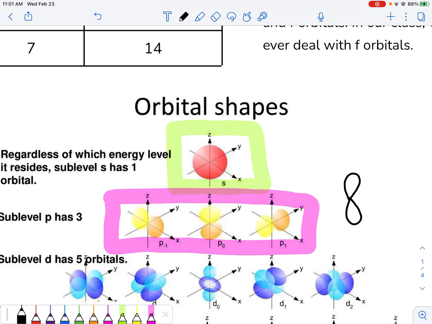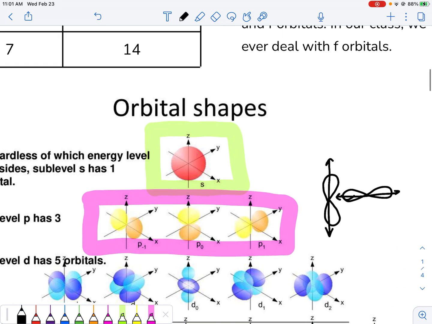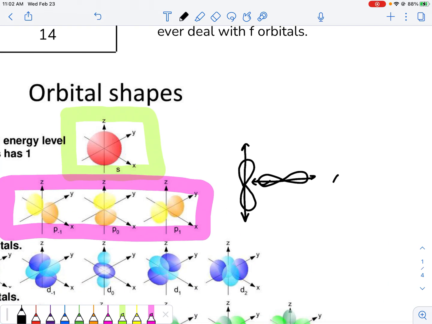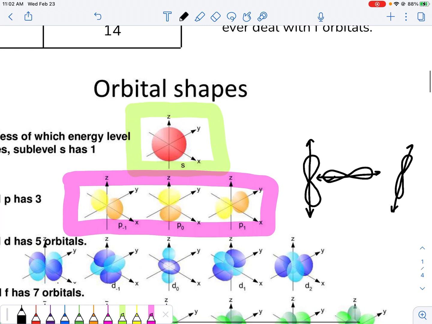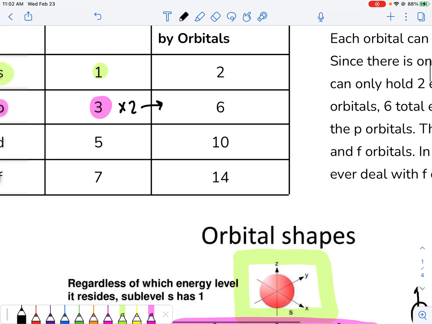P orbitals exist in 3 dimensions. This one can move up and down inside your paper, one can move left and right, and the last one looks like it's coming out at you, with part of it going into the paper. That's what these 3 different drawings are representing.